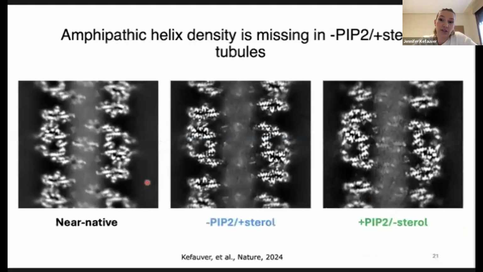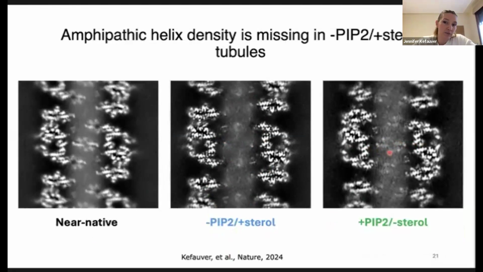So the first thing I wanted to look at in these structures was my region of interest near the amphipathic helix. So what you can see here is that the amphipathic helix density is totally missing in the samples that don't have PIP2, but in the samples that do have PIP2 but not sterol, we can see the amphipathic helix again.